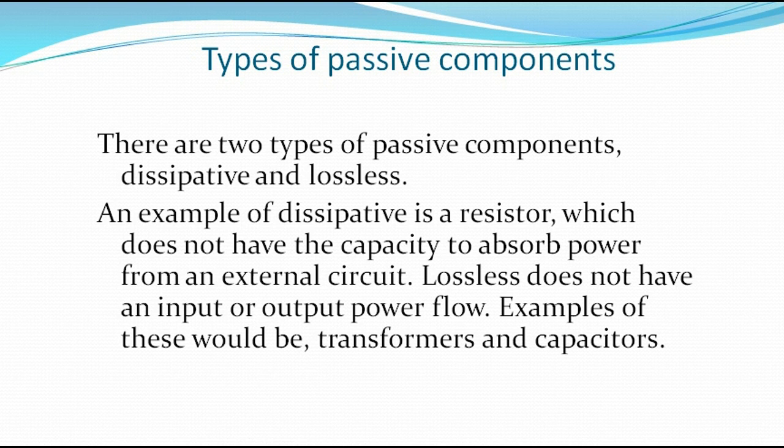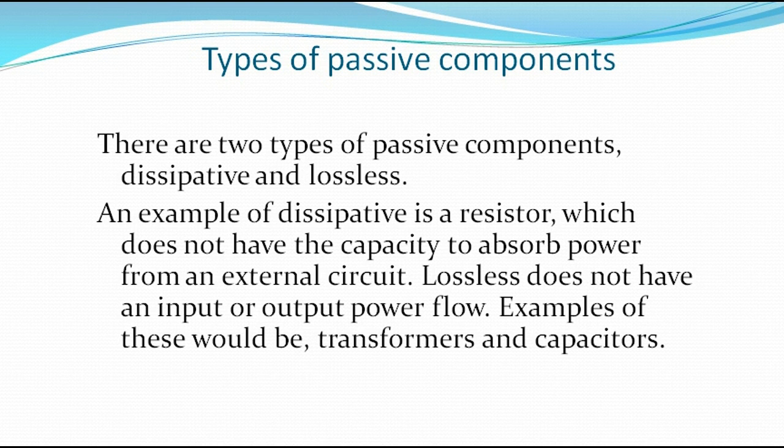An example of dissipative is a resistor, which does not have the capability or ability to absorb power from an external circuit. You can call it a circuit, you can as well call it a motherboard.